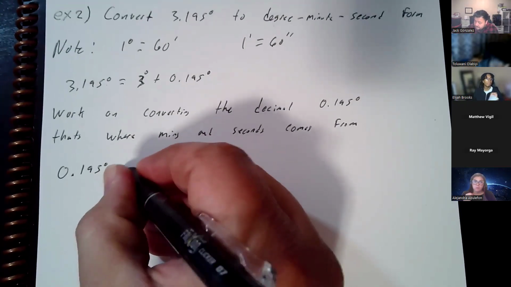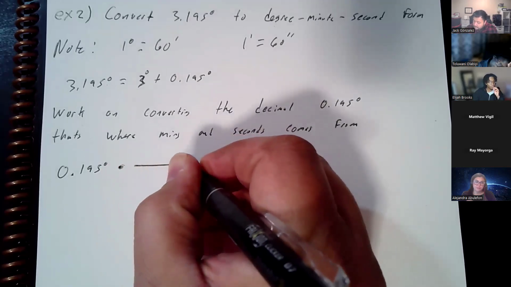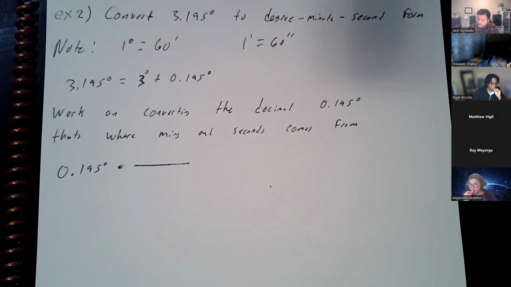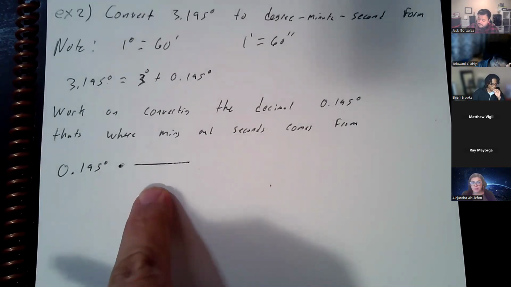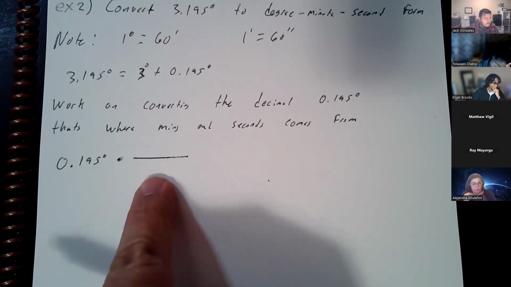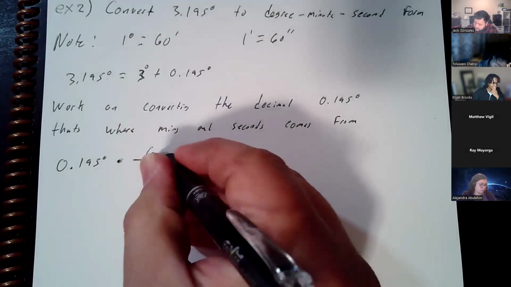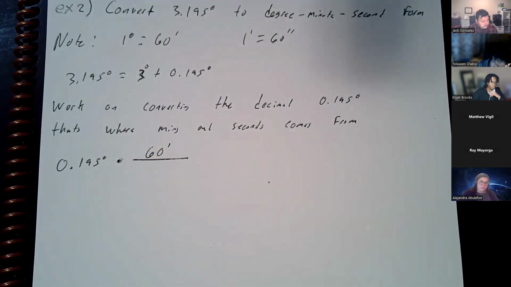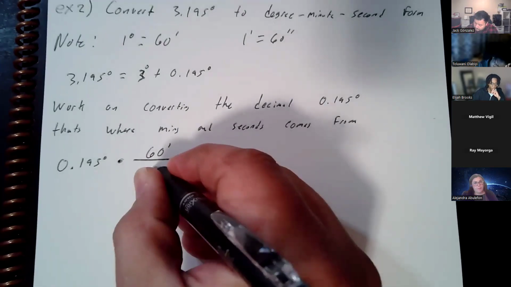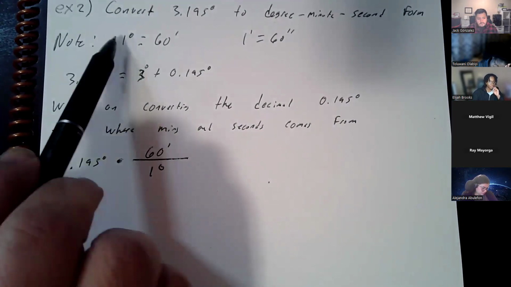Same idea. This is the strategy: put the conversion factor, the one you want to cancel, on the bottom. If I want to cancel degrees, I need degrees down here, so you're going to have 60 minutes over 1 degree. That's coming from this one right here.